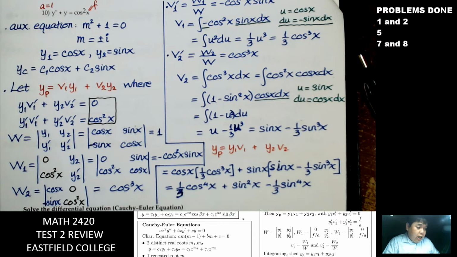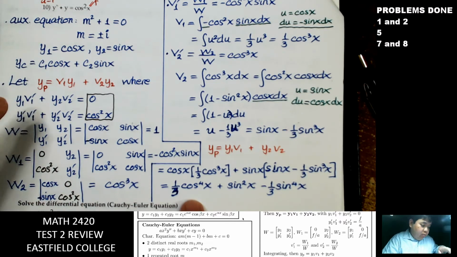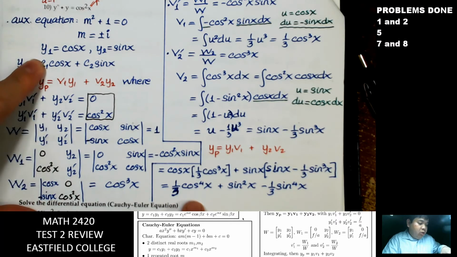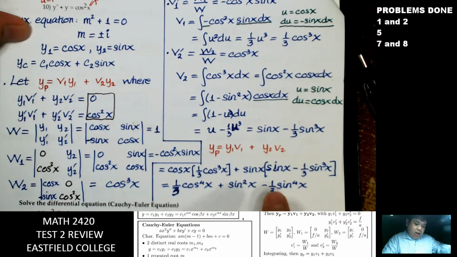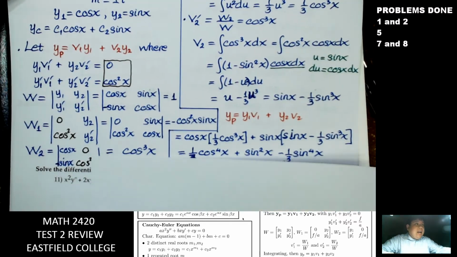Right. If you check the key, of course, there's nowhere near it. So let's try to simplify this a little bit. By the way, that is a good enough solution. So from here we can say the solution will be complementary solution plus this. So this is perfectly fine. I would just need to simplify that a little bit. And I'm running out of space.